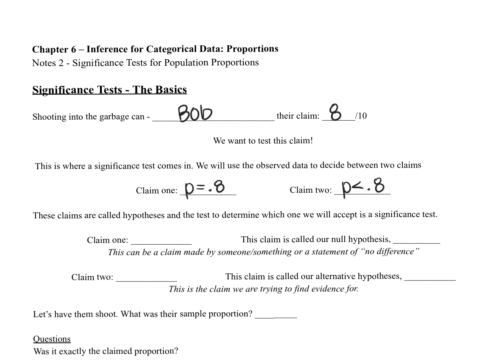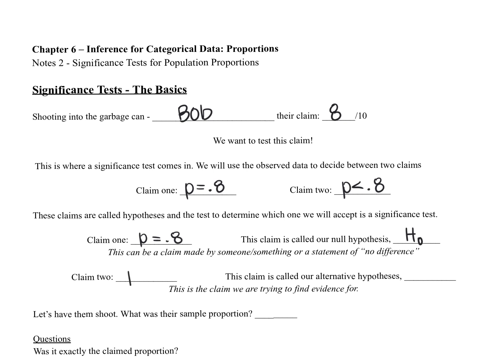So our first claim, which is that p is 0.8, is called our null hypothesis, which is H naught. That H with the subscript of 0 is pronounced H naught. This is a claim made by someone or something with a statement of no difference, that our claim is basically accurate.